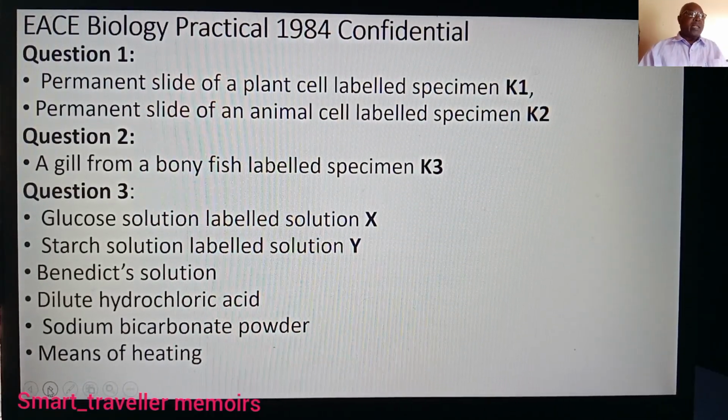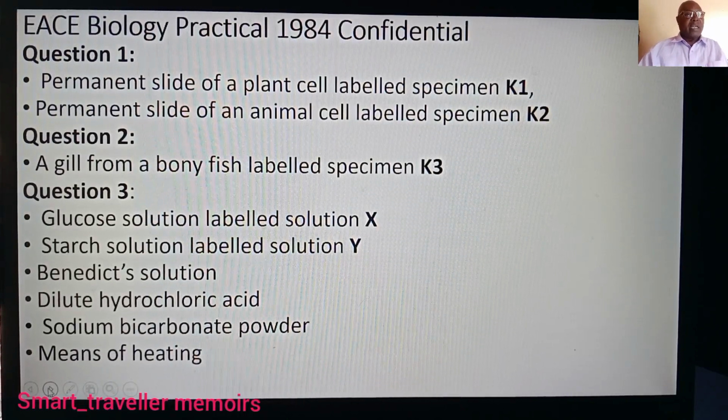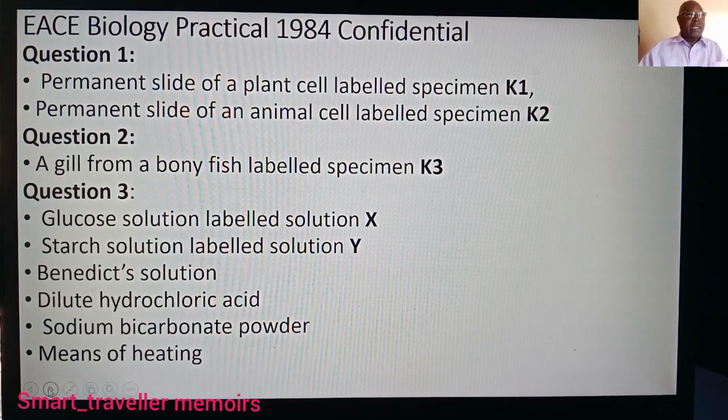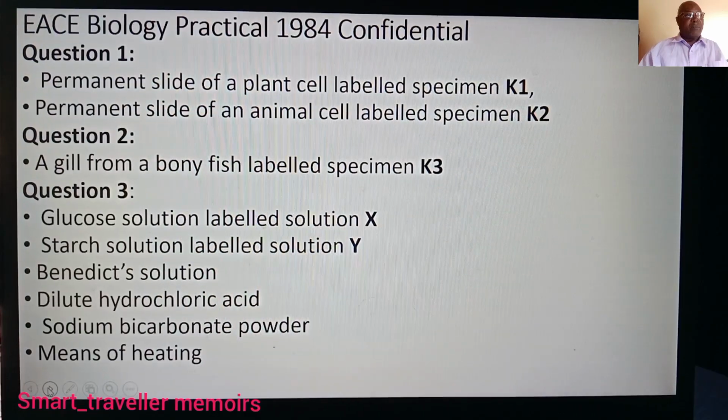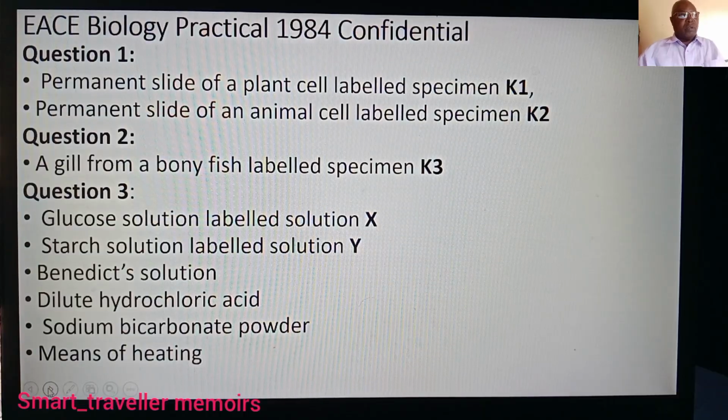So in question 1, we require a permanent slide of a plant cell labeled specimen K1, and a permanent slide of an animal cell labeled specimen K2. In question 2, you are required to have a gill from a bony fish labeled specimen K3.